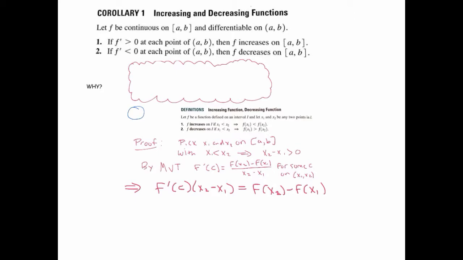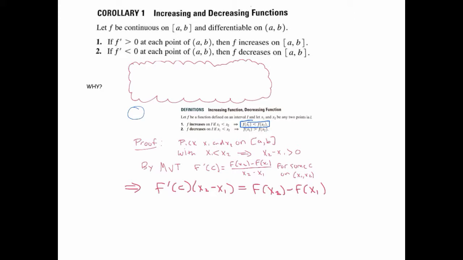Now here's where we start noticing what's positive and what's negative. Because remember, my goal is to show that f either increases or decreases depending on the sign of the derivative. So I need this relationship if my function's increasing, and I need the one below that if it's decreasing. So we're trying to find out something about f of x2 as it relates to f of x1.